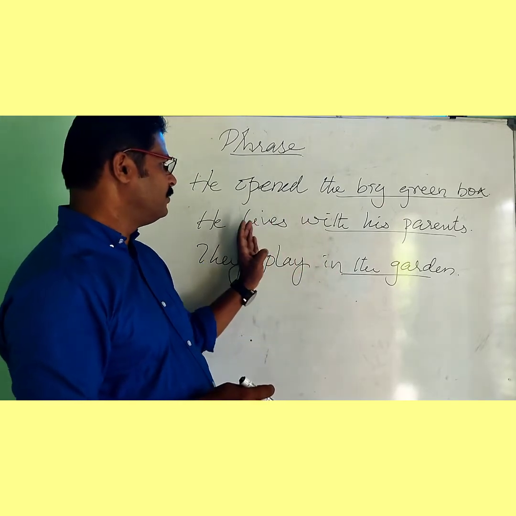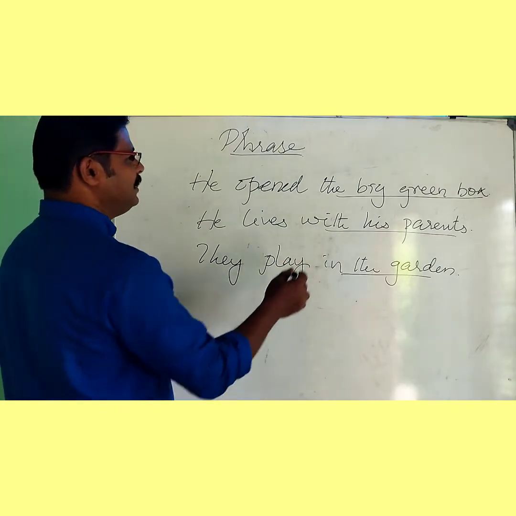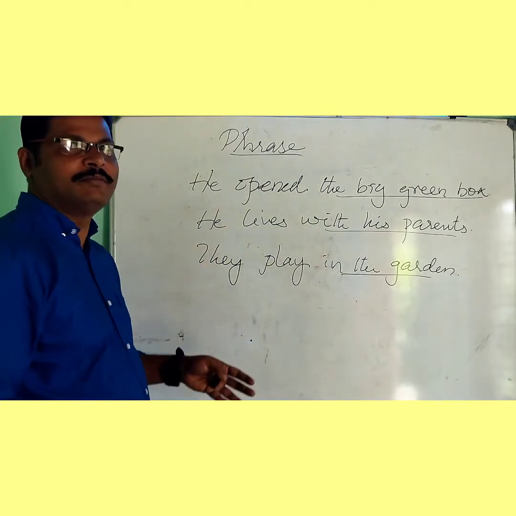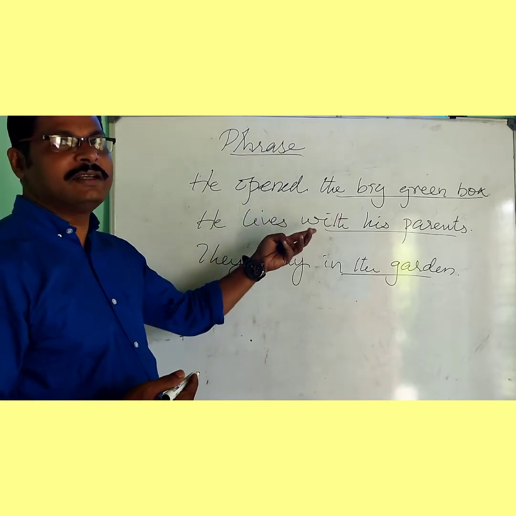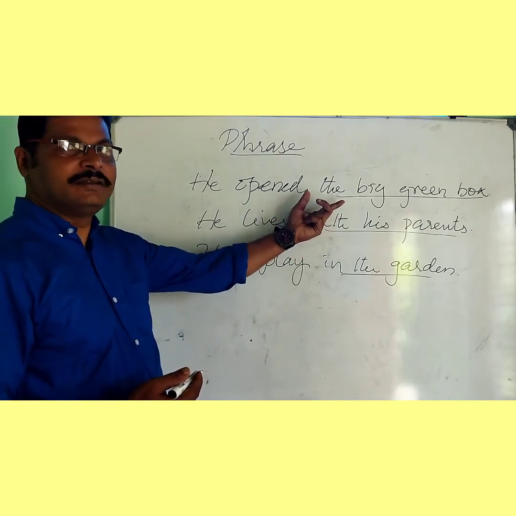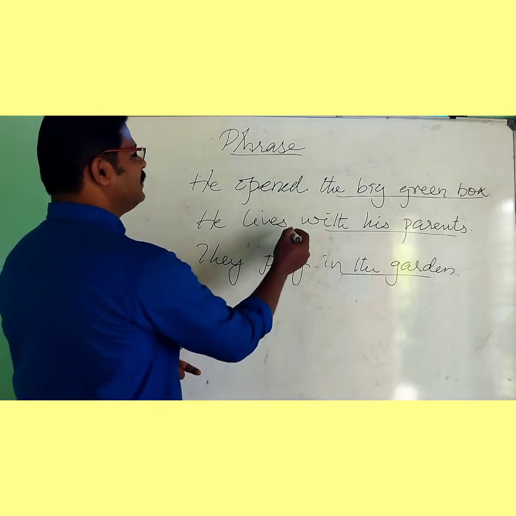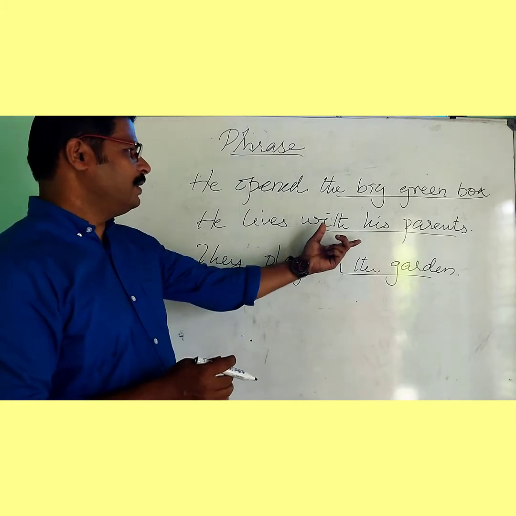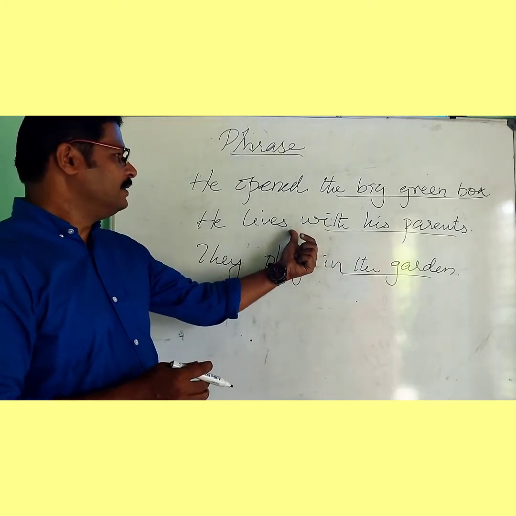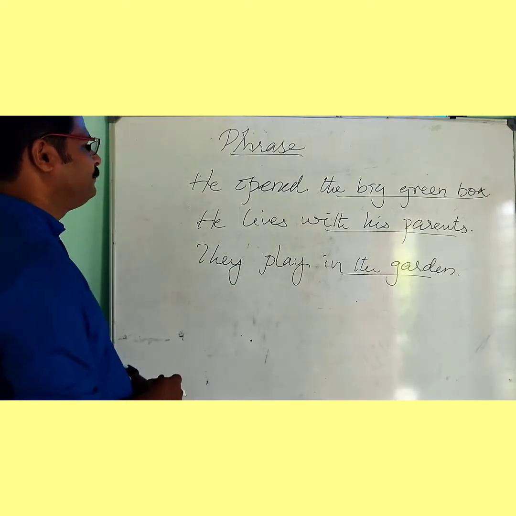But they are added to the sentence to make it more meaningful. We can simply say, he opened. But still we have a question in our mind. What did he open? The big green box. That is a noun phrase. We shall see what a noun phrase is afterwards. See here, he lives. We can stop by saying he lives. But with his parents is a phrase added to the sentence to make it more meaningful.